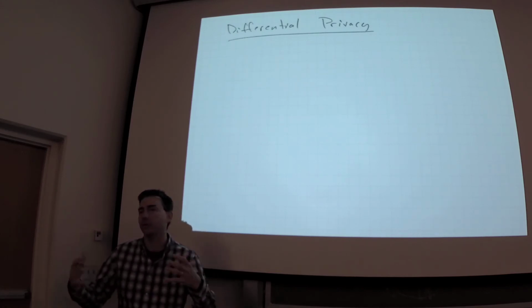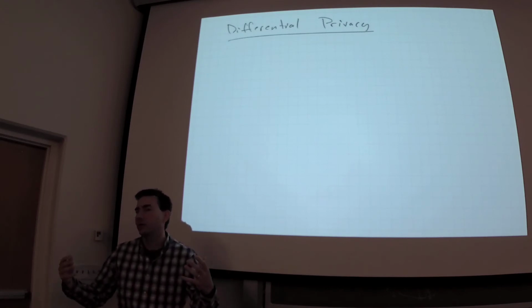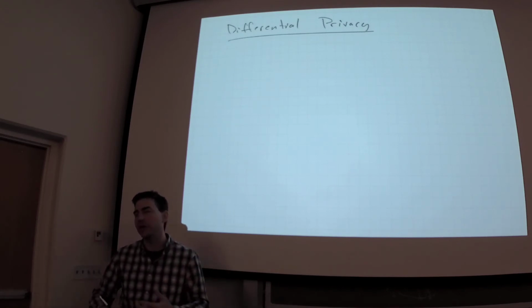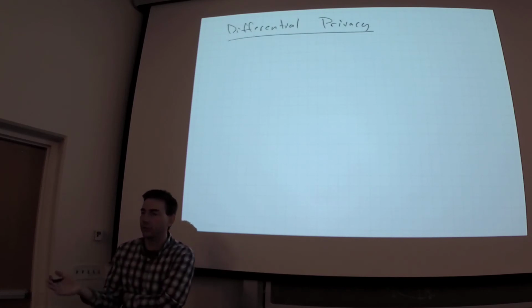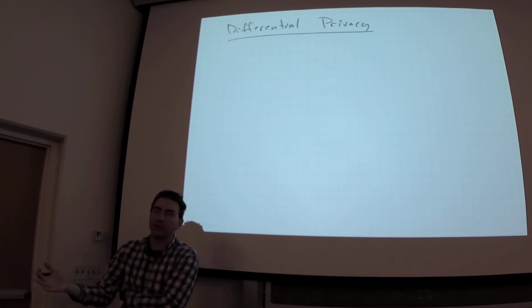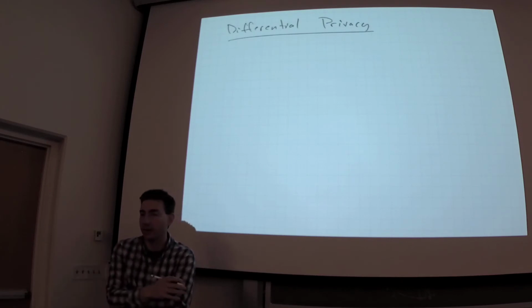Differential privacy tries to prevent this, so that even if you link it with another data set, you should not be able to get too much information out of something that's released, or even doesn't have to be released if the data is stored this way internally.